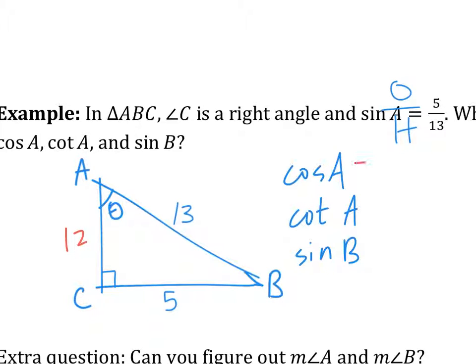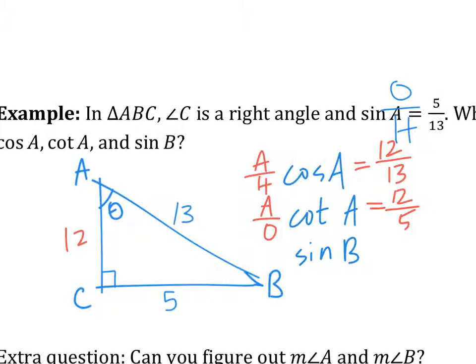So cosine A is going to be adjacent over hypotenuse, so 12/13. All right, cotangent A. Cotangent A is the reciprocal of tangent. Tangent is TOA, so then cotangent is what over what? Adjacent over opposite, because it's the opposite of tangent. Tangent is O over A, so then cotangent is A over O. A over O is 12/5.